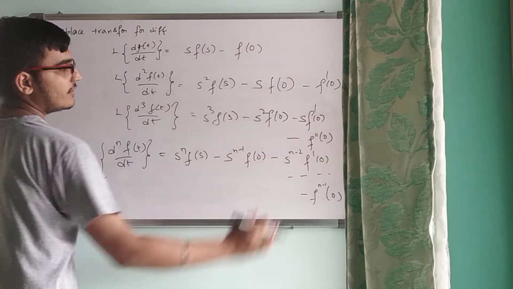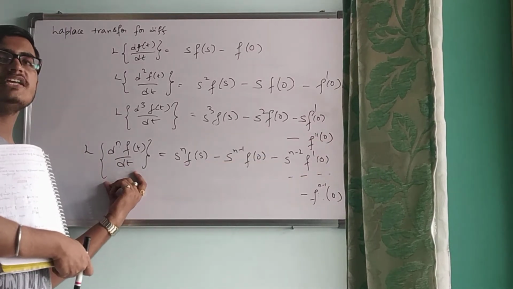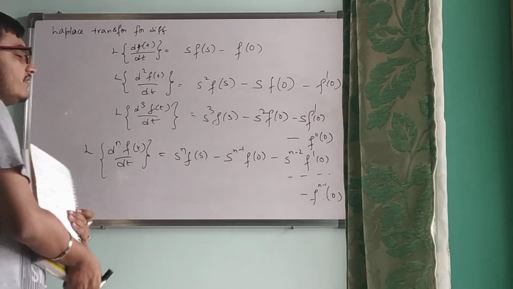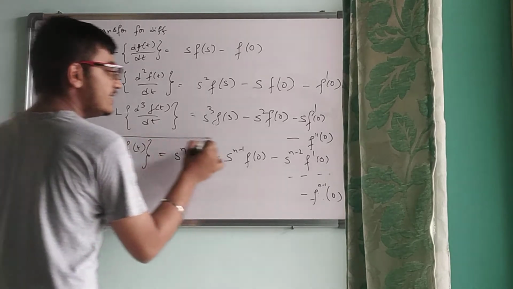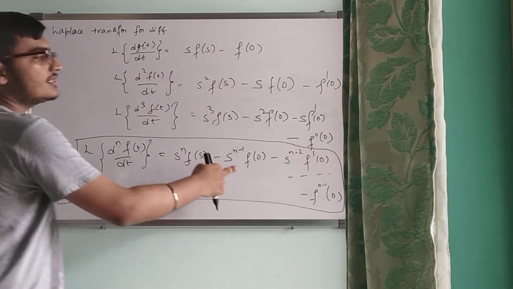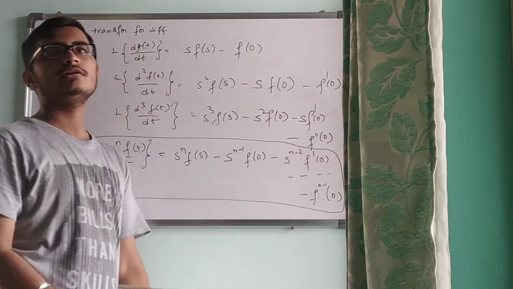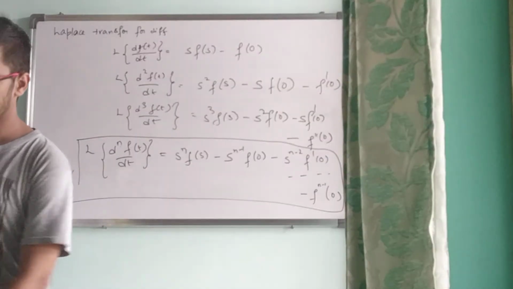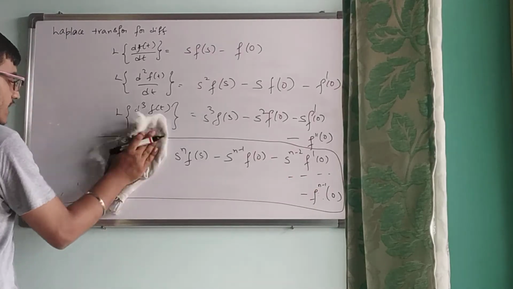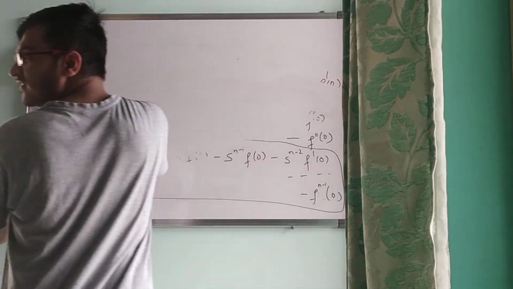You can see this in the above examples. This is the general formula; it means that many times you have to differentiate. Okay, so now we will solve a few problems on Laplace transform.